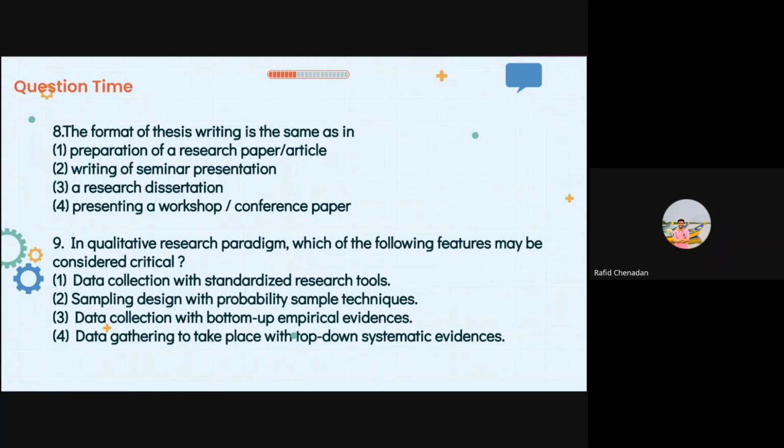So that's a top-down method. And on the contrary, you have a bottom-up method. These are different ways of doing research. What we need in qualitative research is that you cannot start with a theory. Instead, you have to begin from the people, from the empirical observation of people or events or phenomena, whatever.